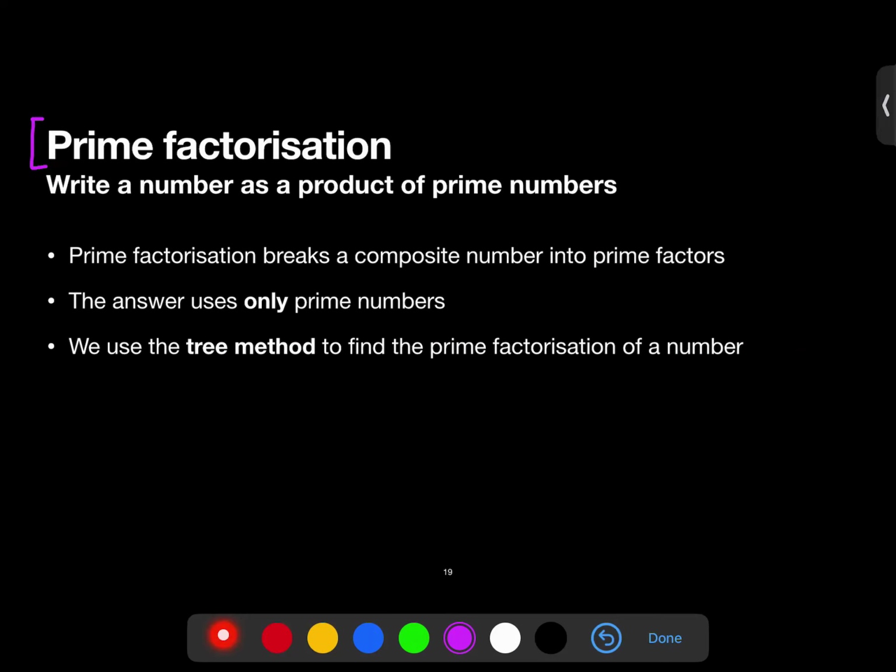For example, we can write the number 24 as the product of 4 and 6. So that's what I mean. However, in prime factorization, we'll use prime numbers only.